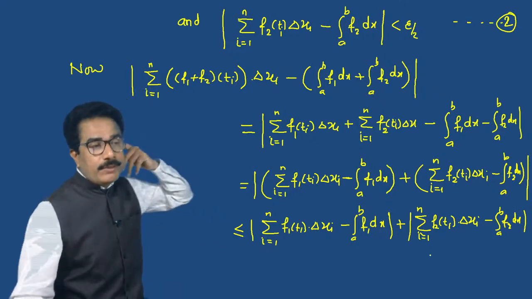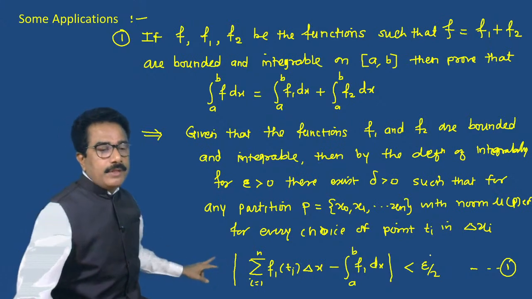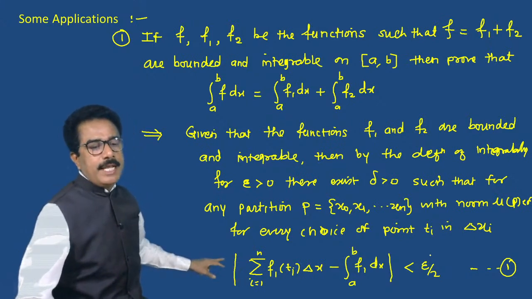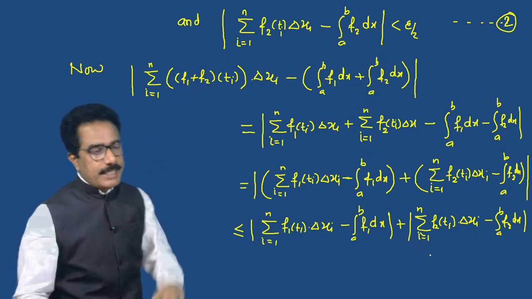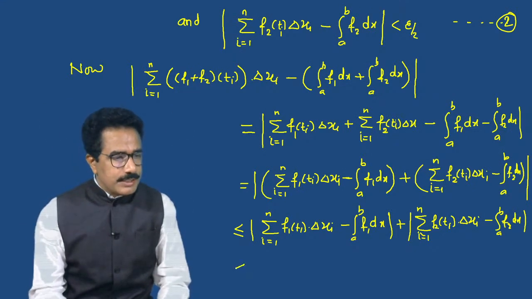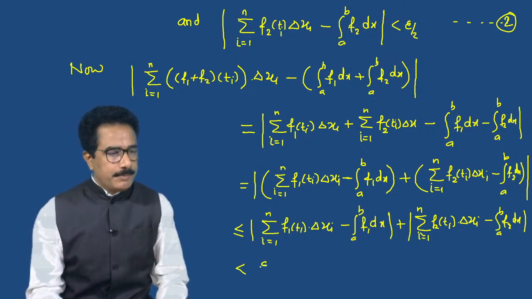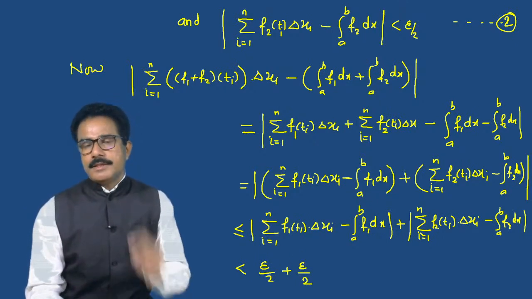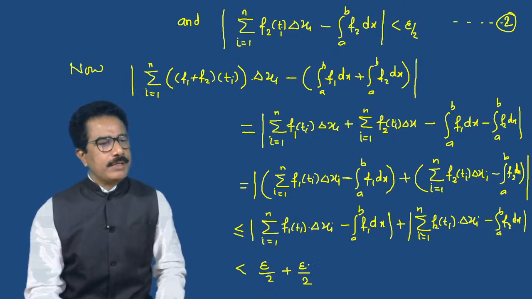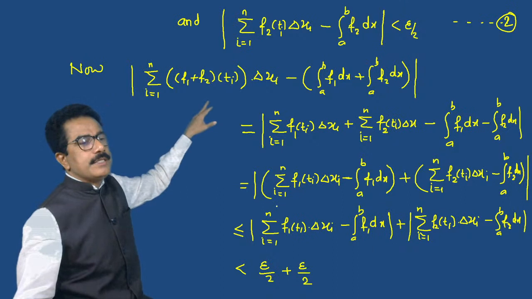But from equation 1 and 2, the value of this modulus is less than epsilon by 2, and the modulus of f2 is less than epsilon by 2. So this is less than epsilon by 2 plus epsilon by 2.